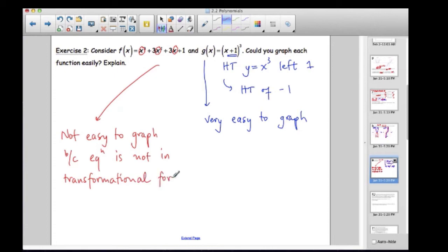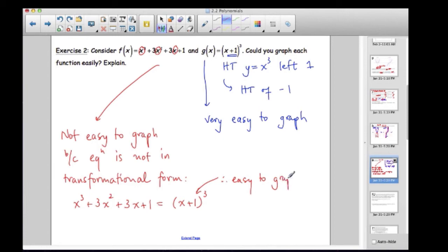In this particular case, I recognize that x cubed plus 3x squared plus 3x plus 1 is actually factored as (x plus 1) all cubed. So in fact, f and g are the same function. In this form, therefore, this is easy to graph.